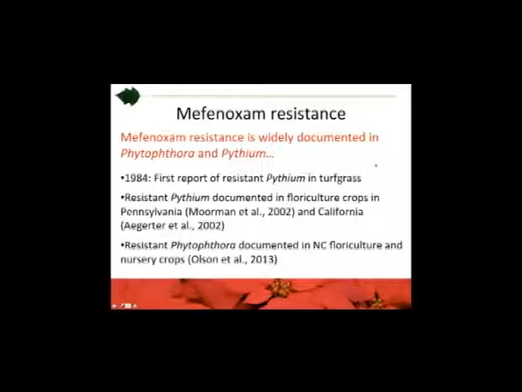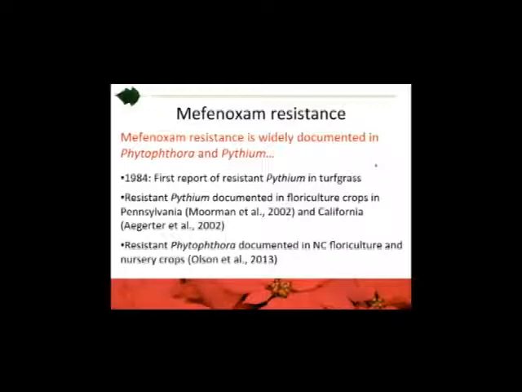I do want to mention a little bit about Mefenoxam resistance. This is becoming more predominant throughout the greenhouse industry in the United States, because Mefenoxam was overused throughout the entire ornamental industry since it was so effective. However, Mefenoxam resistance in Phytophthora and Pythium is very widely documented, and a number of publications have come out recently.